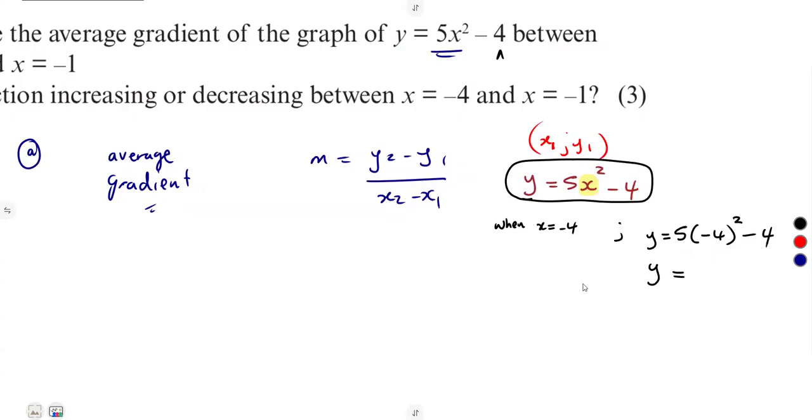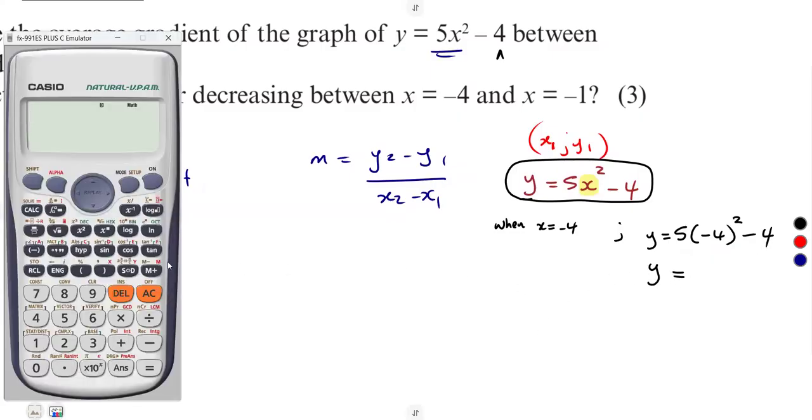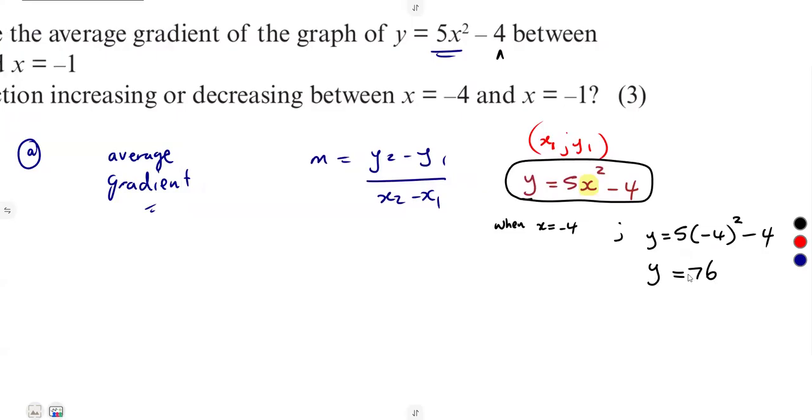Using the calculator: 5, open bracket, -4, close the bracket, square it, and subtract 4. So this is 76. So y is going to be 76. That's a point, where x is -4, y is 76.